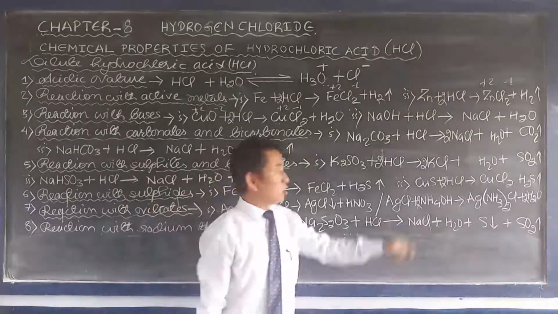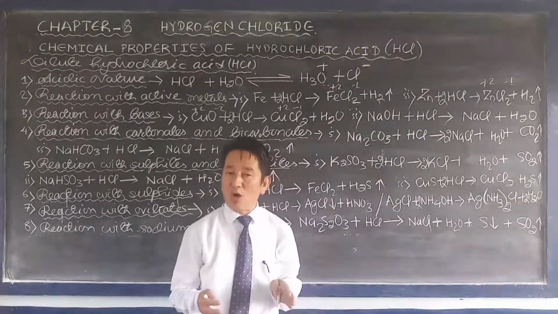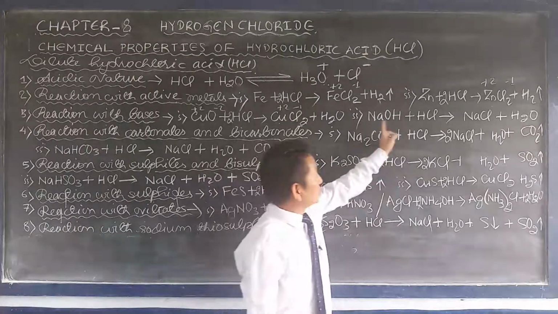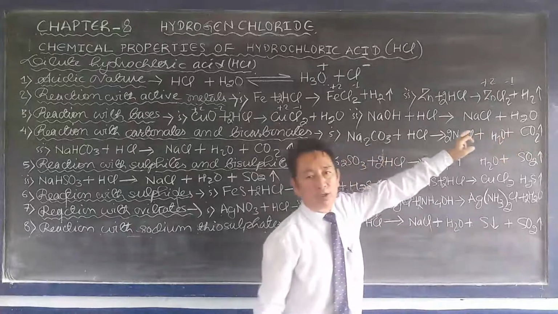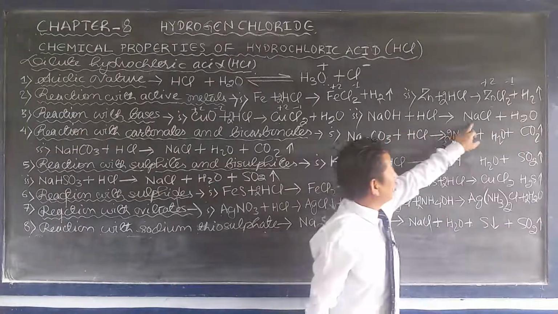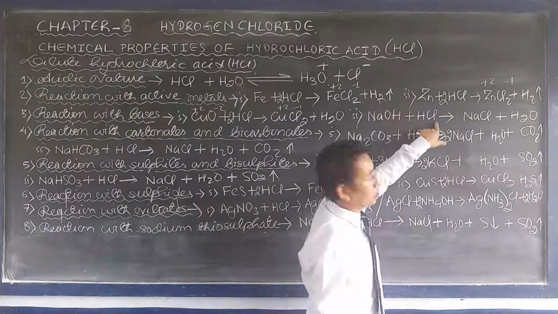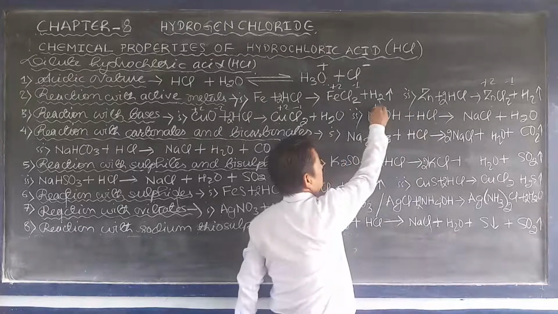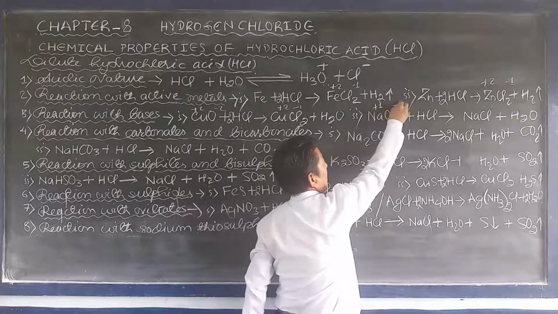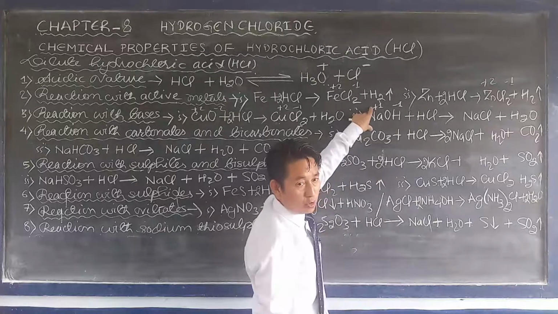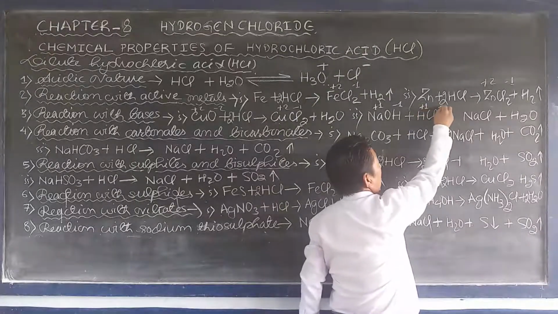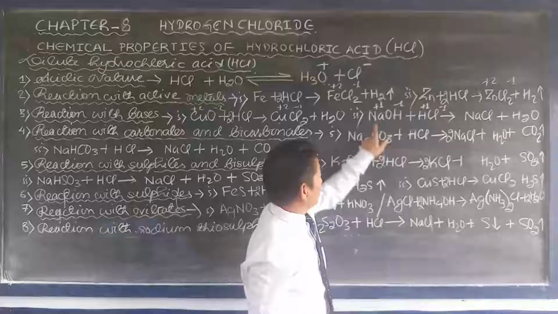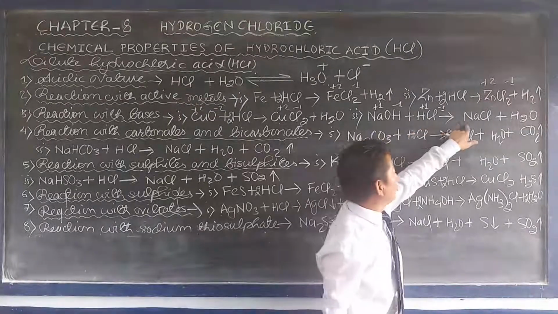Similarly, sodium hydroxide is a strong base. When it reacts with hydrochloric acid, we get salt and water. Here, this is the basic radical and this is the acidic radical. The basic radical, sodium, combines with the acidic radical of the acid, chlorine, to give sodium chloride.